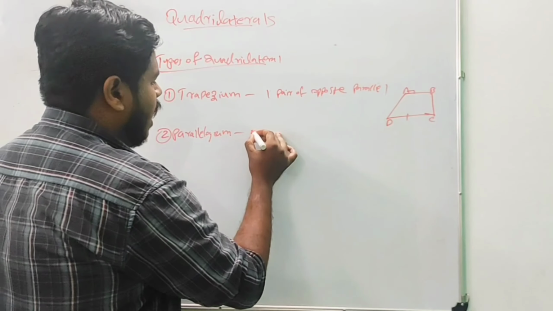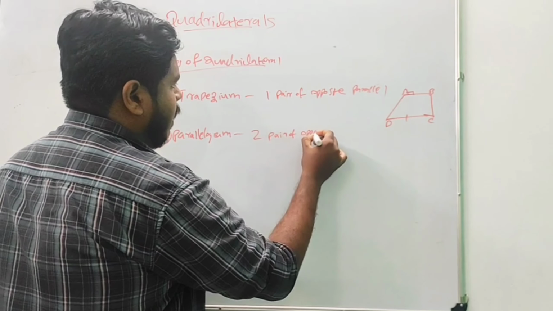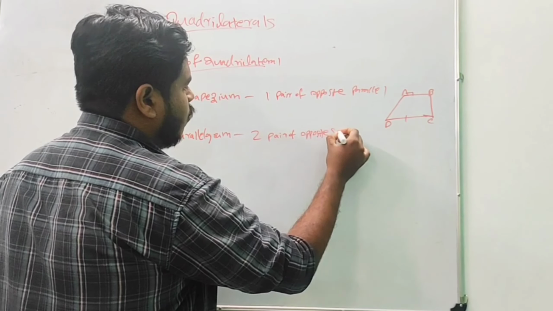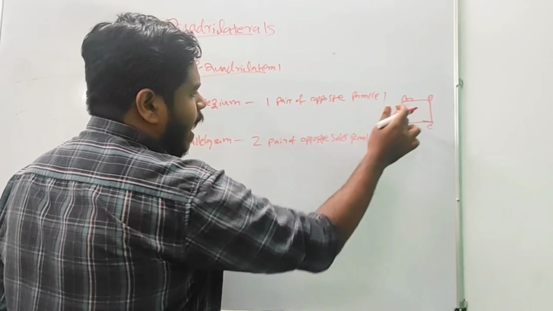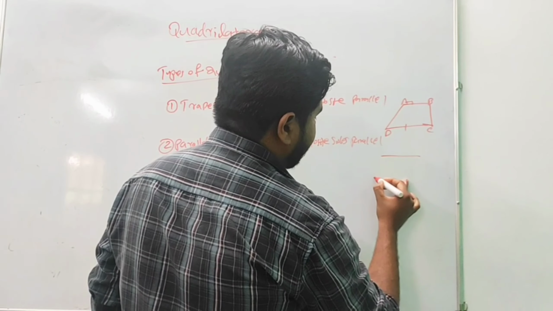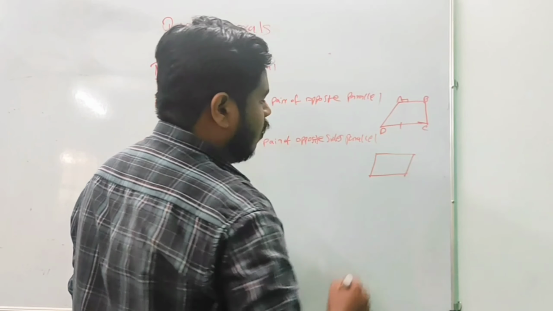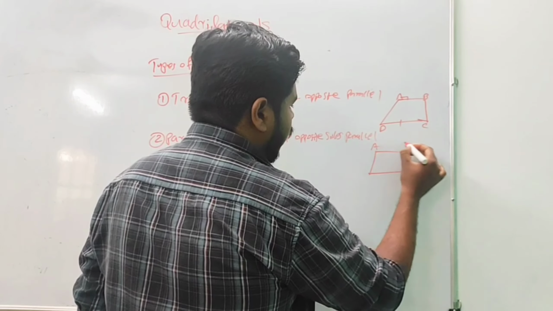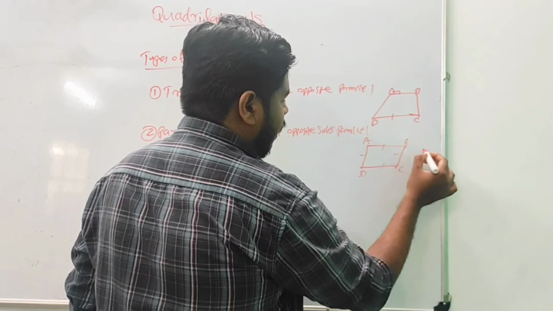In a parallelogram, we have two pairs of opposite sides parallel. What happens here is, if two pairs of opposite sides are parallel, the opposite sides become equal. Suppose we have ABCD with AB parallel to CD and AD parallel to BC.